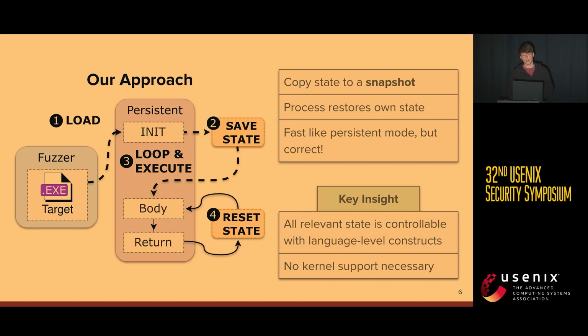So at that point, instead of immediately proceeding to the body and possibly changing that state, we save the state first. Then we execute the body, which can change it to whatever. When we return from the body and go to execute it again, first we reset the state, so that each execution of the body starts with the correct state. This way we can be fast like persistent mode, but still correct.